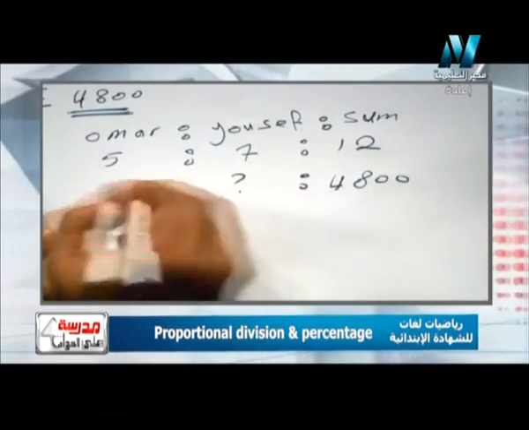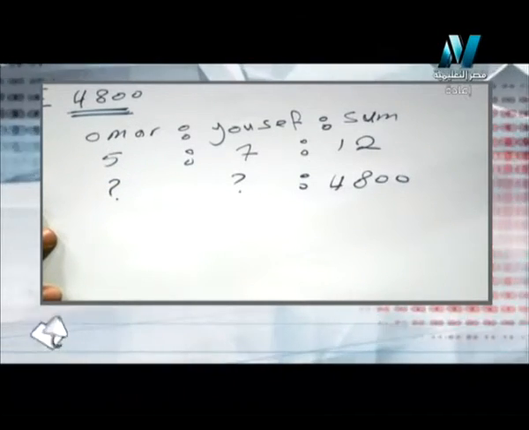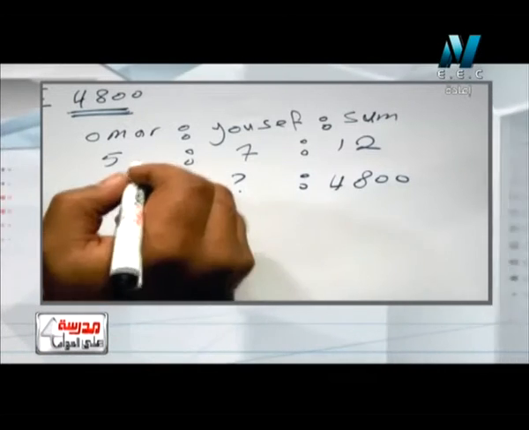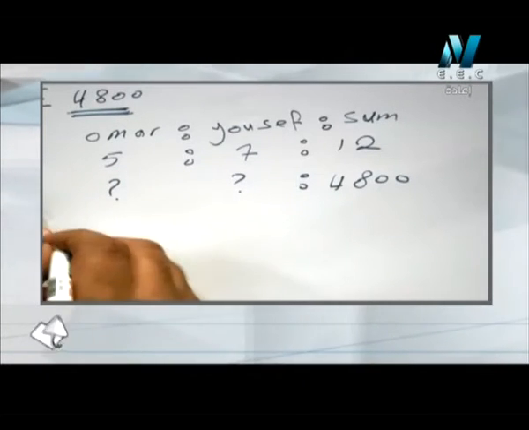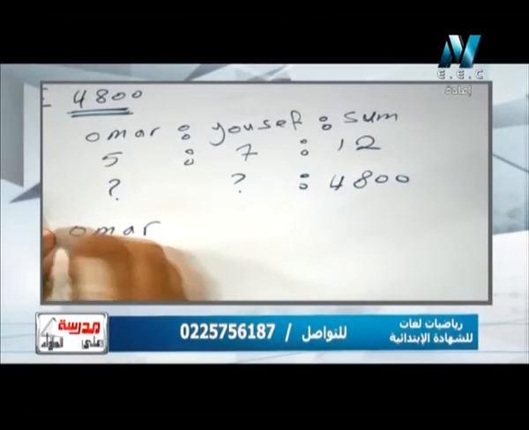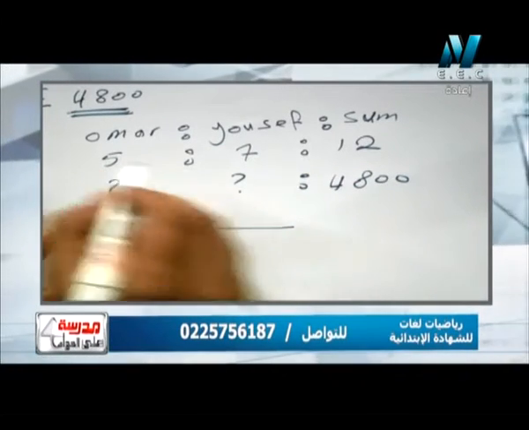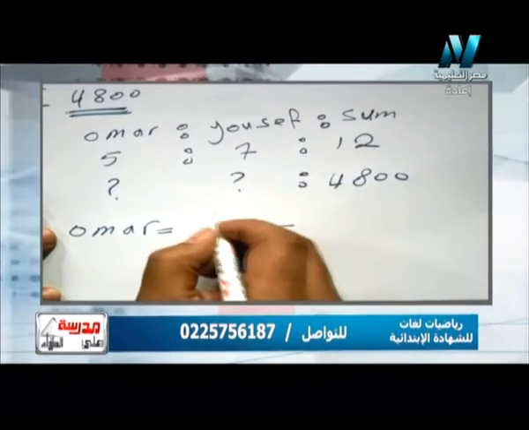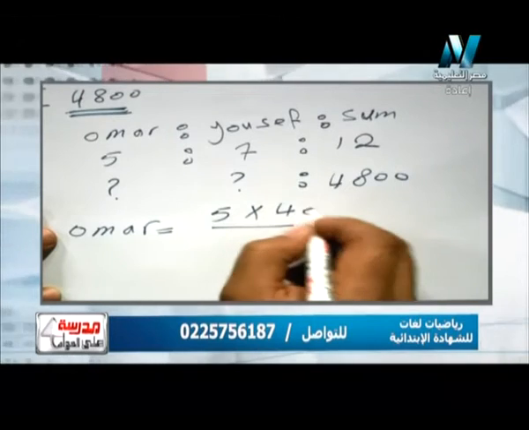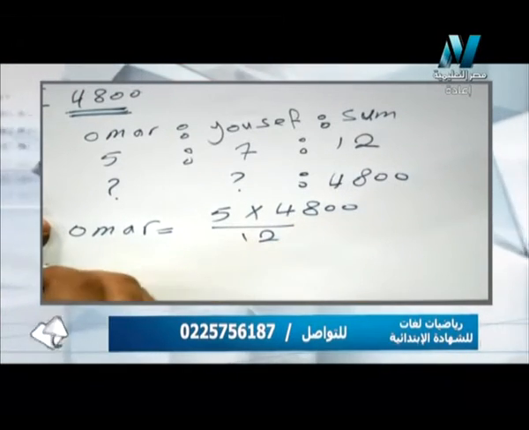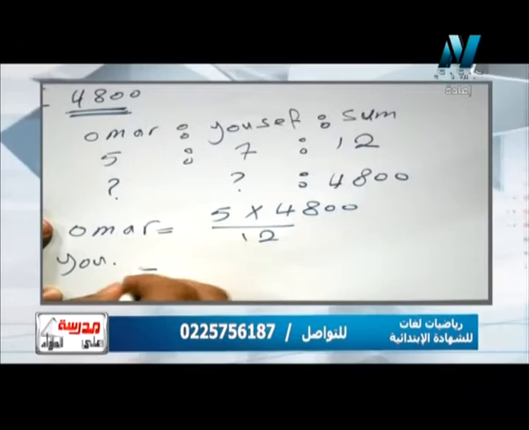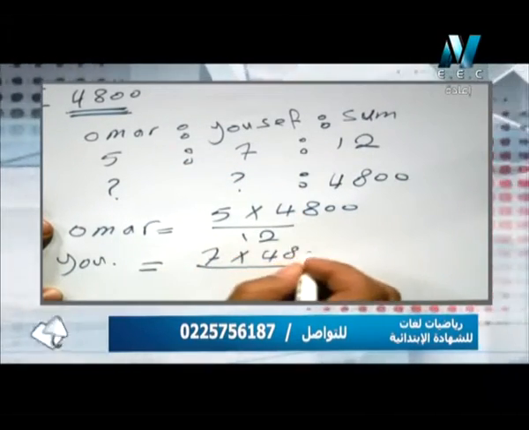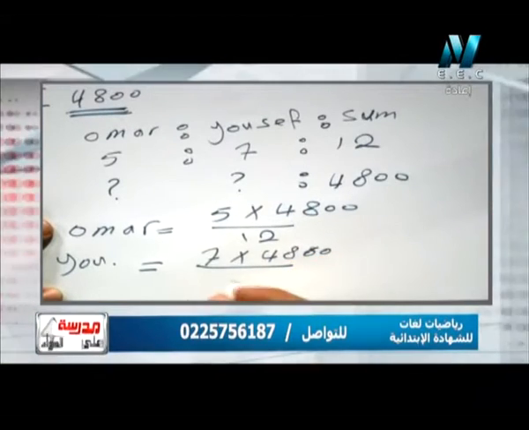It's now easy to get the share of Omar and the share of Yusuf. We cross multiply. Omar equals 5 times 4,800 over 12, and Yusuf equals 7 times 4,800 over 12.